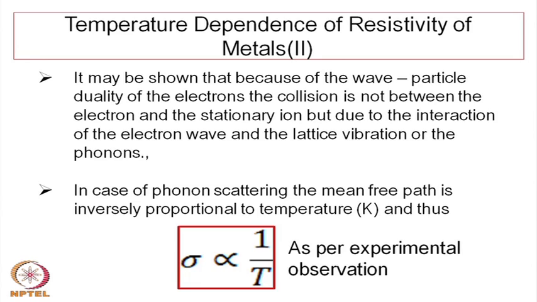So the higher the temperature, the lower the mean free path, and the greater the possibility of collision with the phonon modes of the lattice vibrations. So ultimately it is the lattice vibrations which are much more important than just the static ion core.